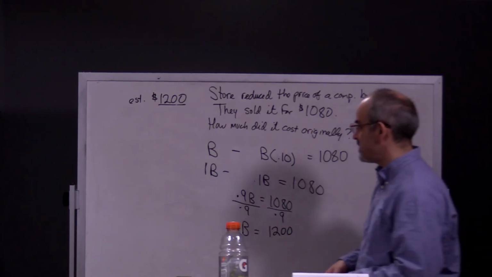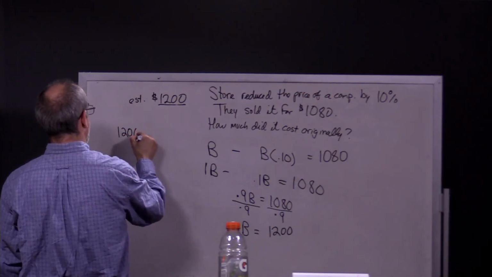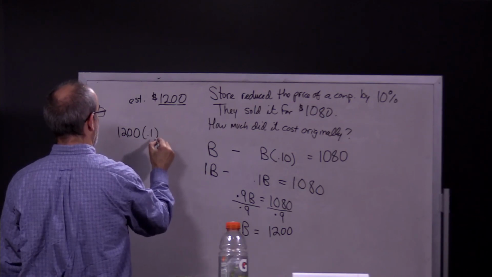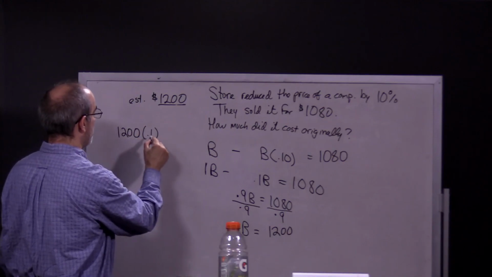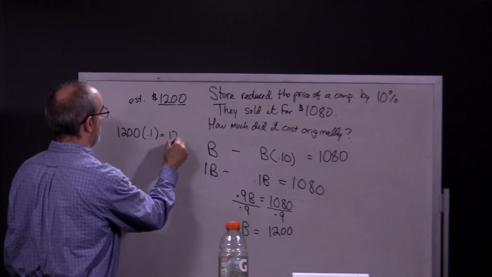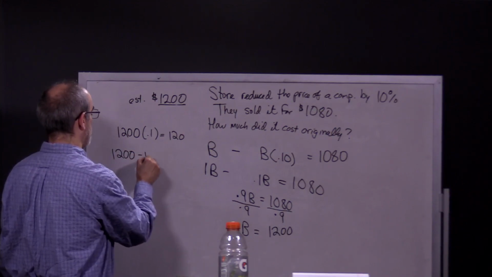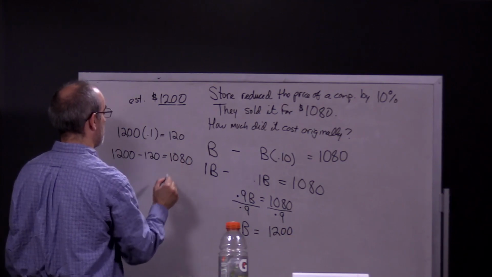We could check our answer. If the computer cost $1,200 originally and it was discounted by 10%, 1,200 times 0.1 is 120. That means you take the original amount and subtract 120 and you get 1080.